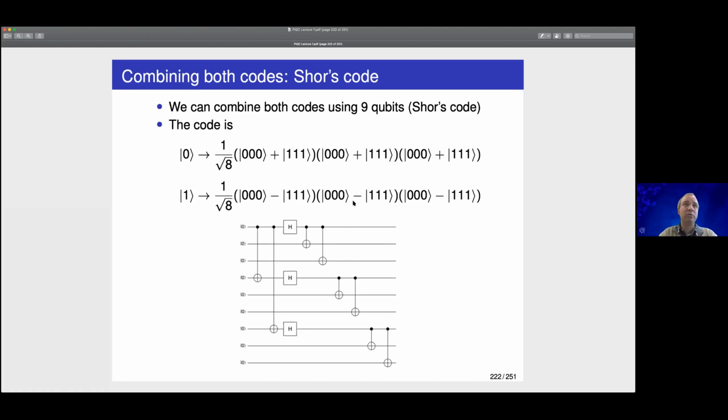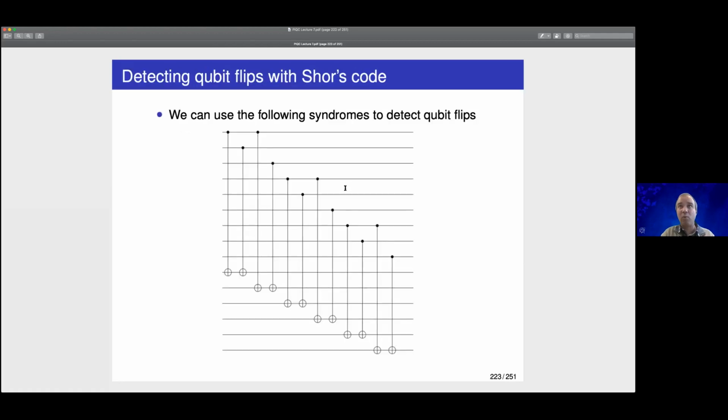And I'm not going to go into the details, but the idea is that now you can measure syndromes for both codes. For instance, if you want to check whether there is a qubit flip, you use this syndrome, which you can see is 3 repetitions of the circuit that we use to measure the syndrome with 3 qubits.